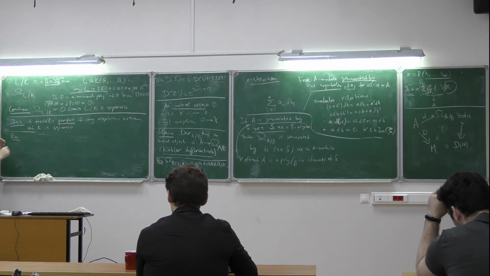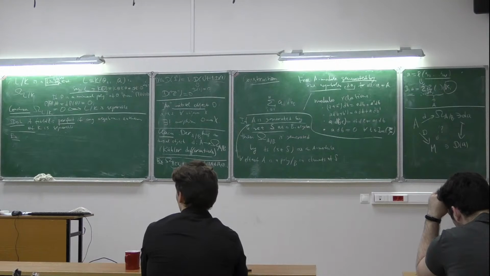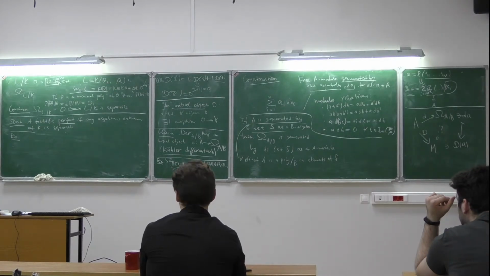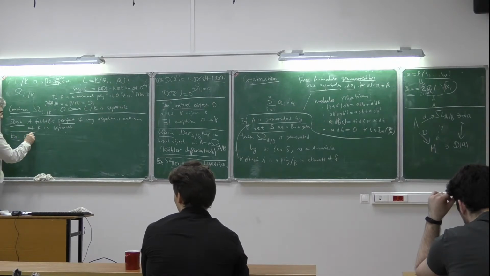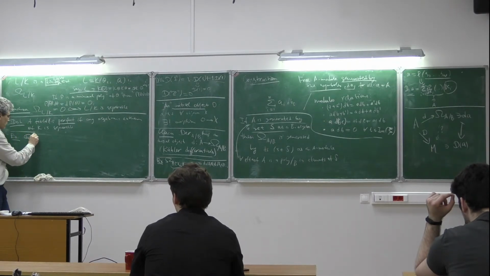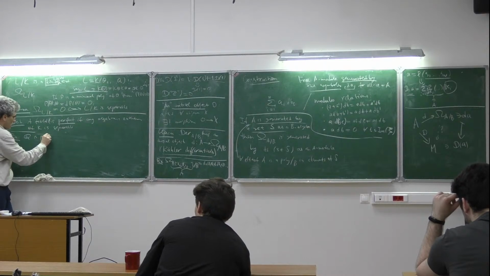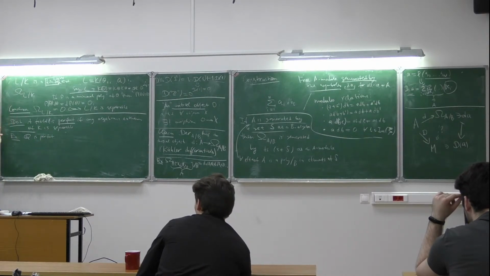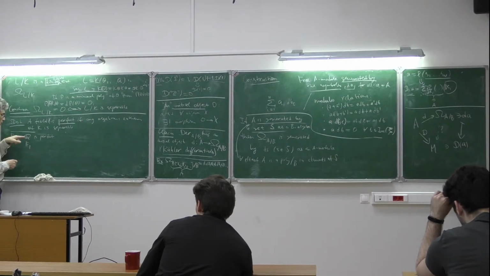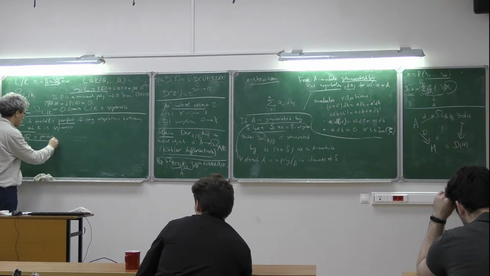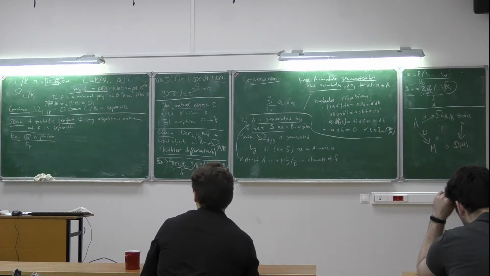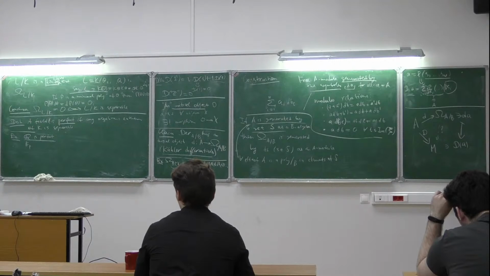So can you give some examples of perfect or non-perfect fields? Rational numbers. Rational numbers is perfect. Okay. And more? F_p. F_p. So why is this perfect? Maybe you can generalize this. Because it has characteristic 0.